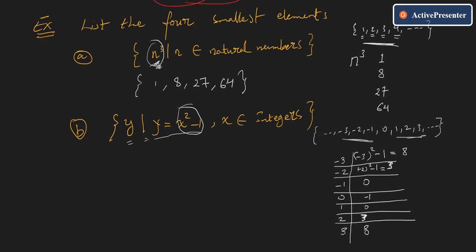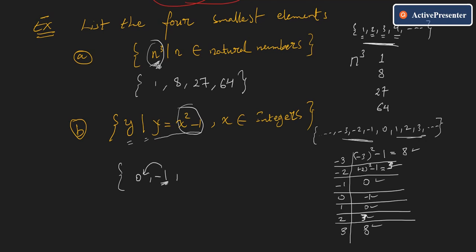So we can say the 4 smallest elements of y are as follows. You can check here. We have 8, 3, 0, minus 1, 0, 3, 8. So you don't put here, for example, 3 and 3. This is a mistake. You can swap, for example, if we say minus 1, 0, we know minus 1 is smaller than 0.